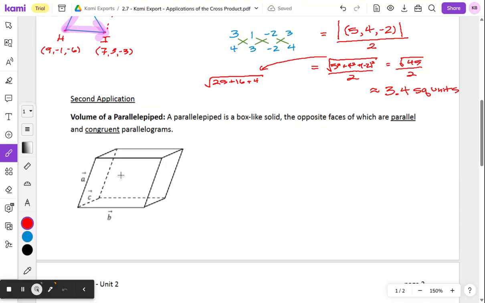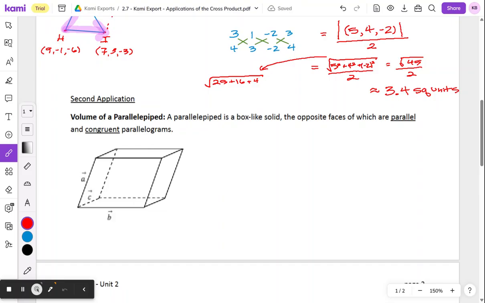Okay? You can see here, I have my opposite faces on either front, back, side to side, top, bottom. Okay, any of those opposite pairs are parallel planes to each other, and they're congruent parallelograms.